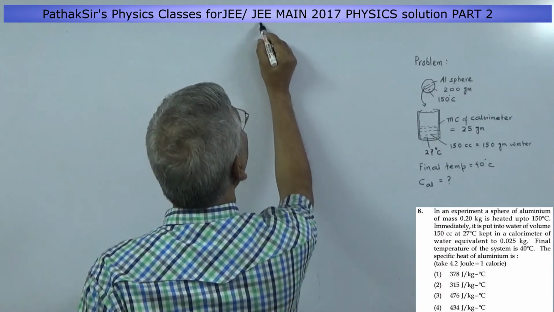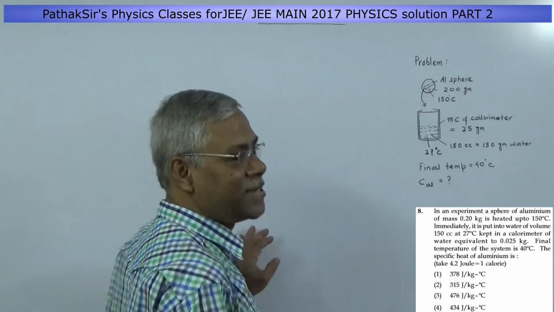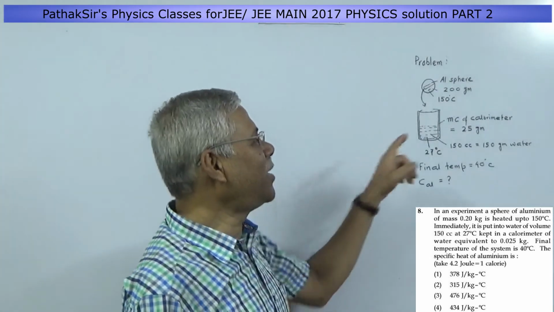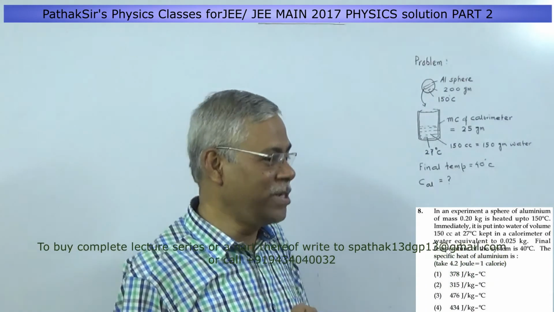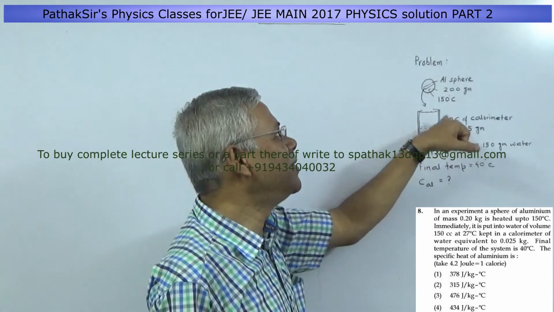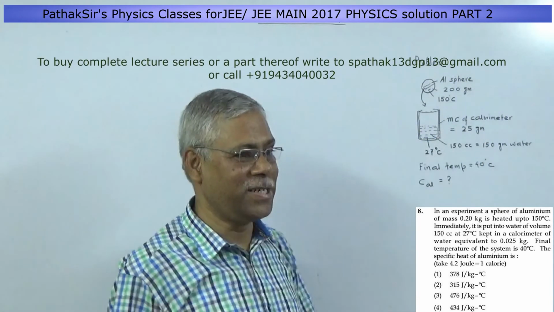We will solve this type of problem in CGS. That is most important, because by water equivalent we understand M into C. Water equivalent of the calorimeter means M into C of the calorimeter, and this is valid only in CGS.